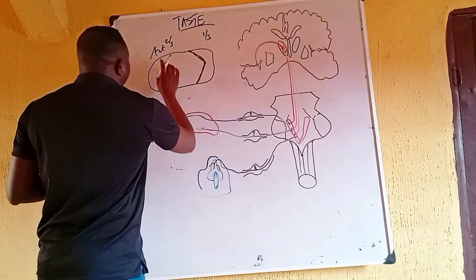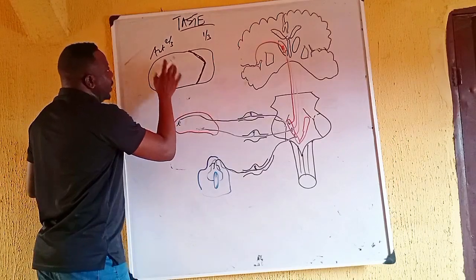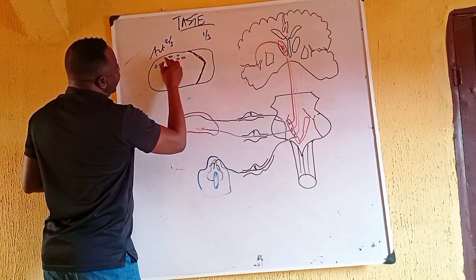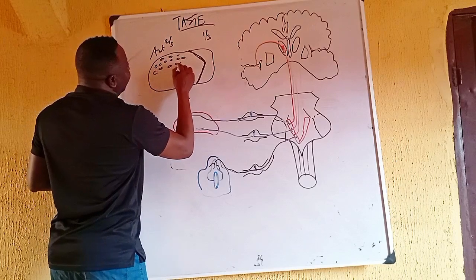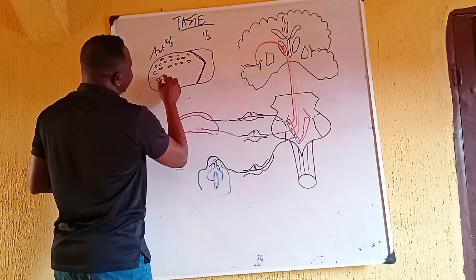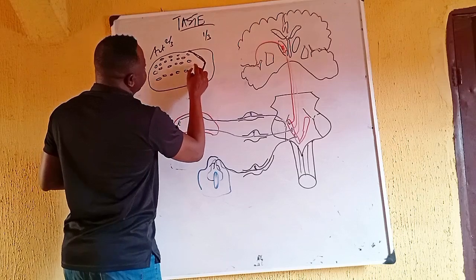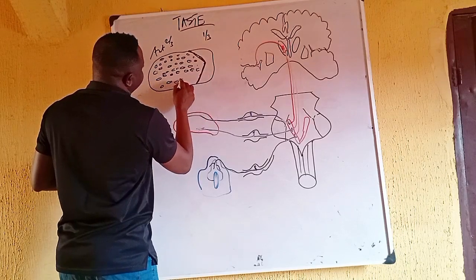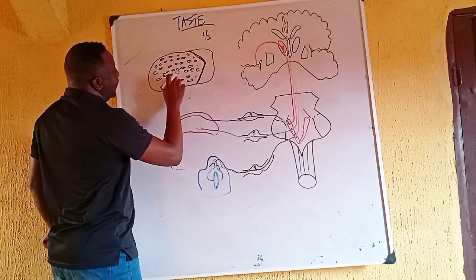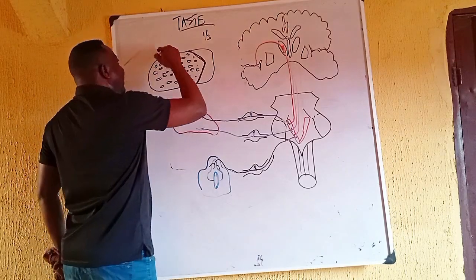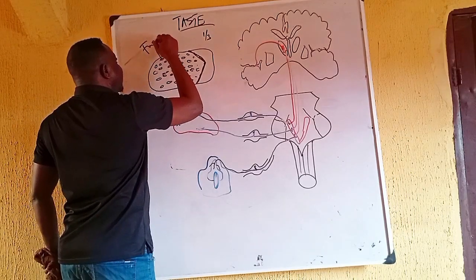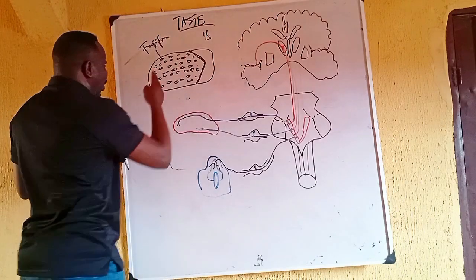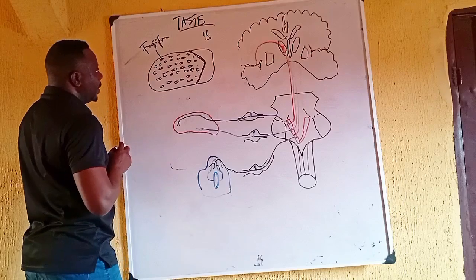In the anterior two-thirds of the tongue, we have what is called the fungiform papilla. So this area contains the fungiform papilla. It is located around the teeth and in the anterior two-thirds of the tongue.